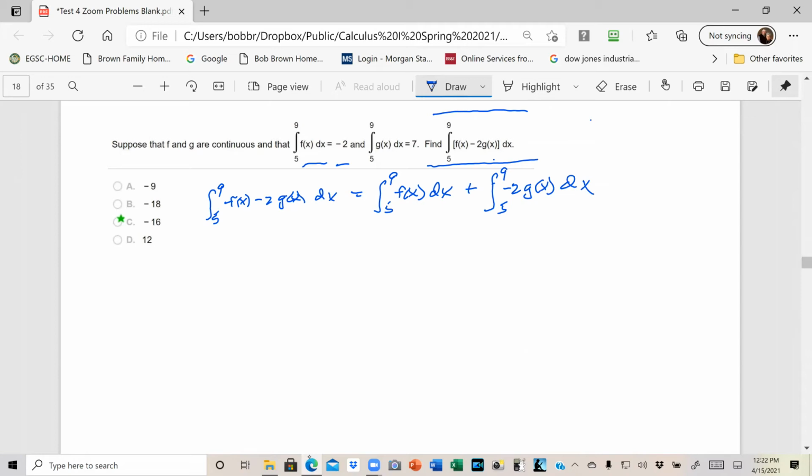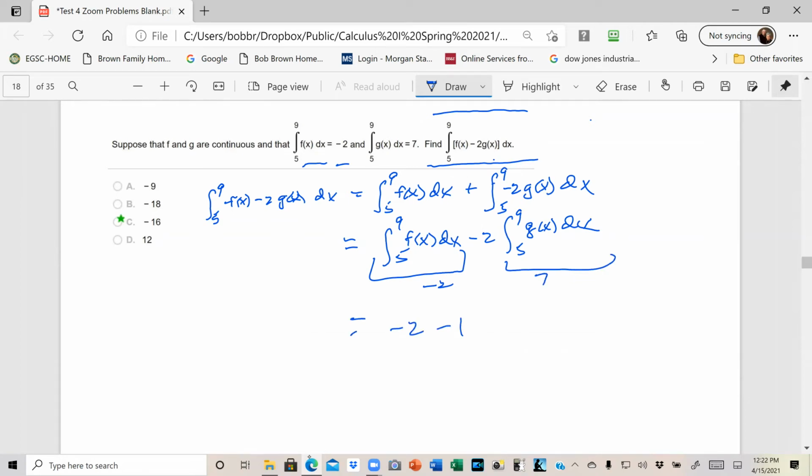Now I could have skipped this step and just written the integral from 5 to 9 of f of x dx minus 2 times the integral from 5 to 9 of g of x dx. And notice that this is given as minus 2. This integral is given as 7. So this is going to be minus 2 minus 14, which equals minus 16. Just check your work carefully.